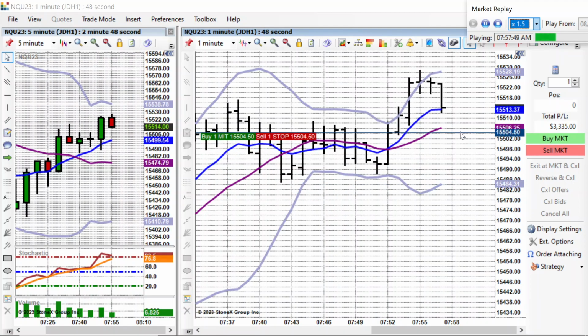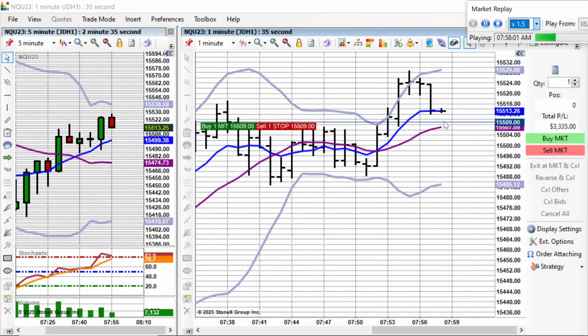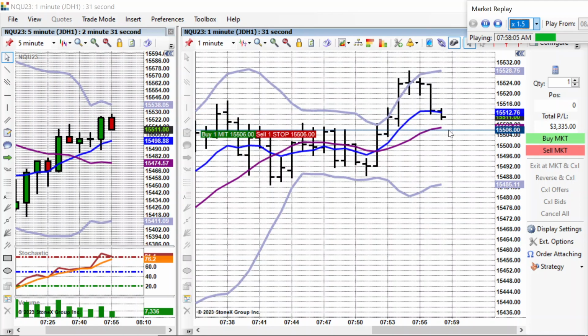Okay. So I'm really going to be picky. Even if this comes back up, I can't enter here because this 80 MA line's bending inward. Still bending, so it's really confirming it here that I don't want to be long.